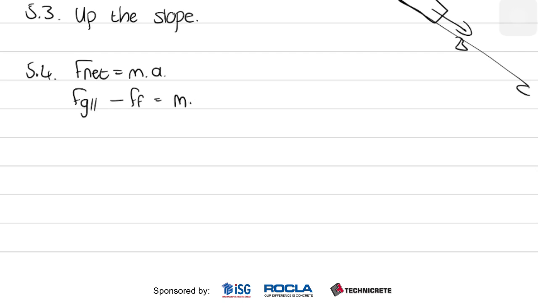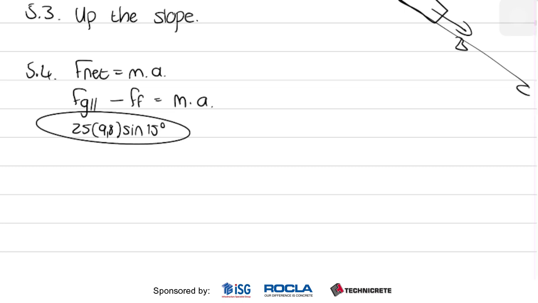So our force down the slope, we've already calculated as 25 times 9,8 times sine 15. If you already have a value for this force, you may put it in here, but doing it this way, without having a value and saying the actual equation, gives a more accurate answer, because if your answer has many decimal places and you round it off too early, it could slightly influence your answer.